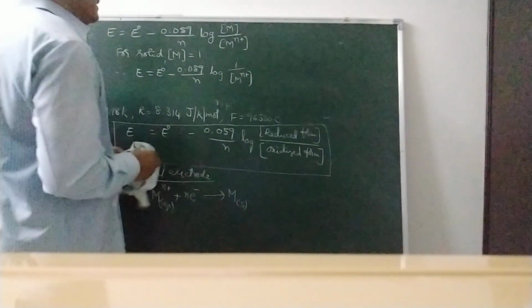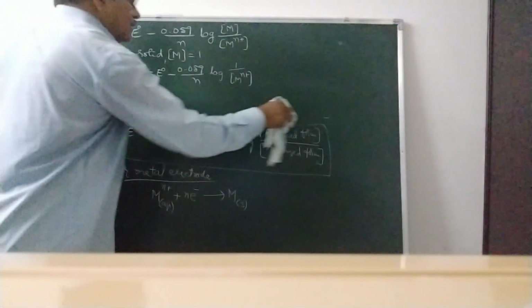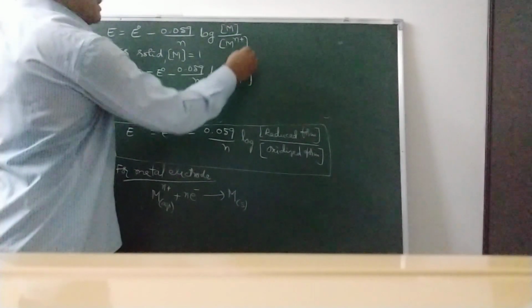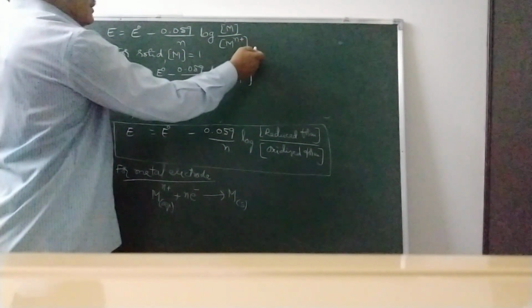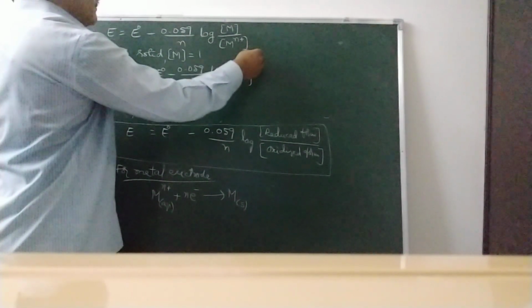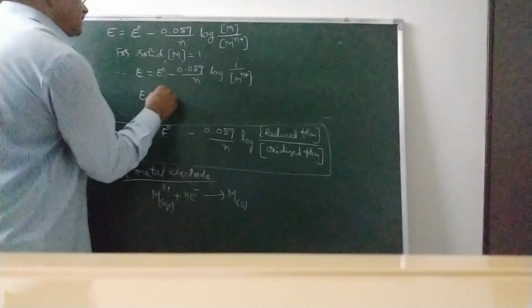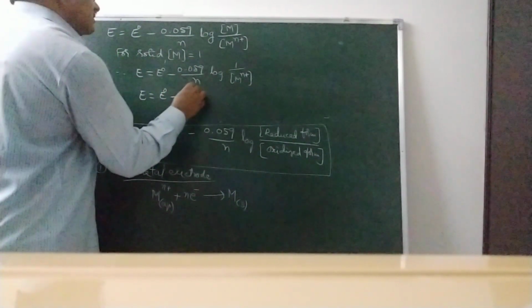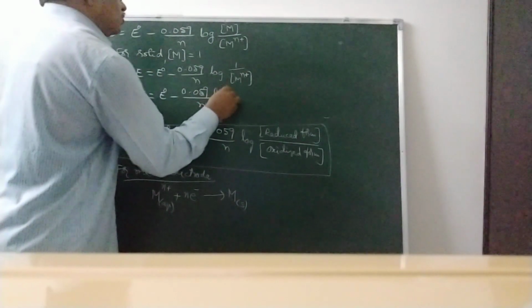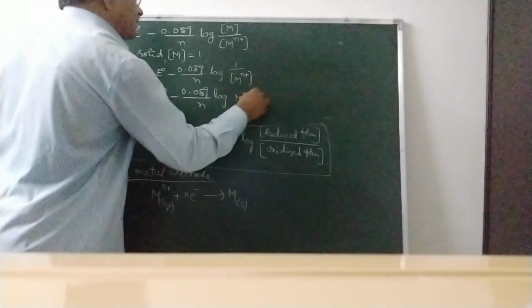If we bring Mn+ to the numerator, this becomes Mn+ power minus 1. Log x power n is equal to n log x. So minus of minus becomes a plus. Therefore, E is equal to E naught minus 0.059 by n into log Mn+ concentration to the power minus 1.